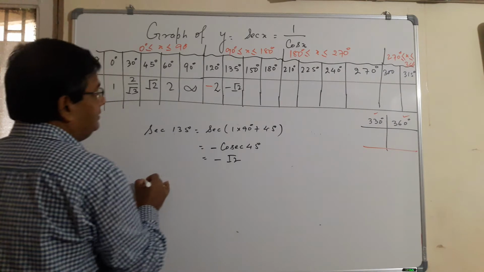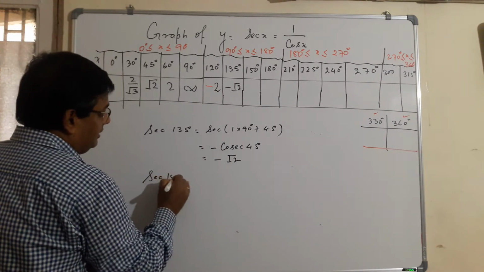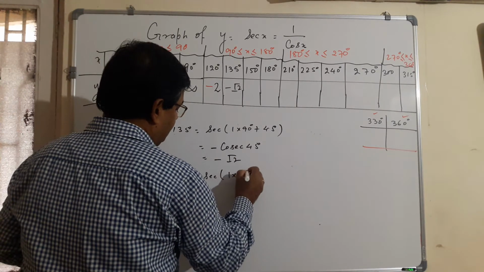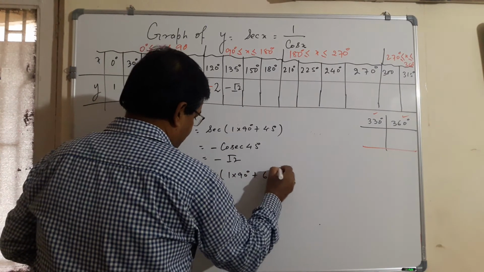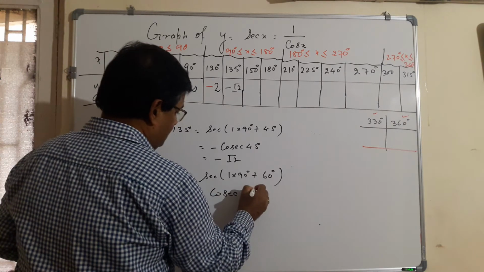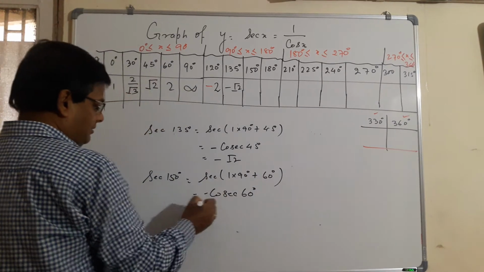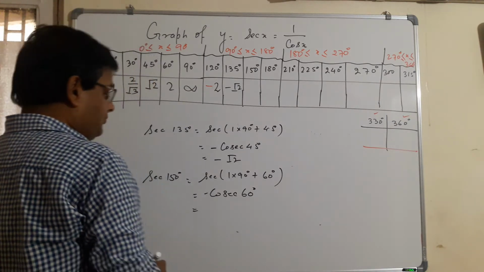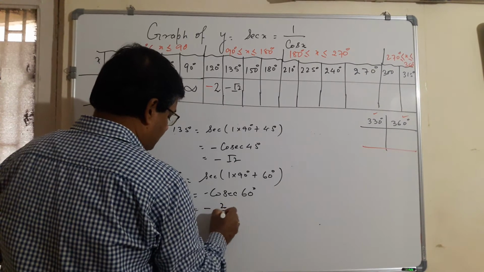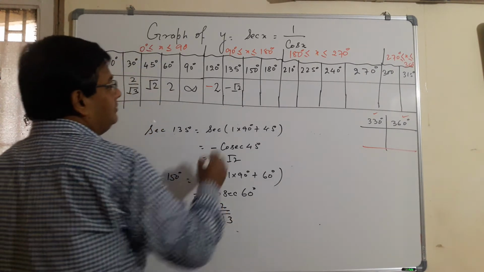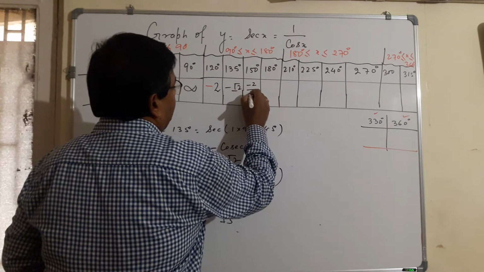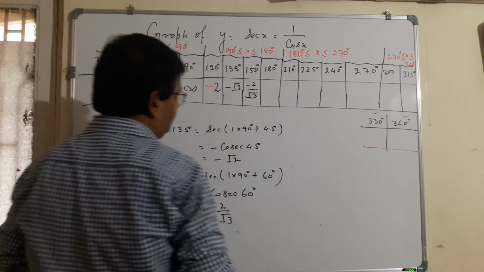So now here sec 150 degree. So sec of 1 into 90 plus 60 degree. So sec changes into cosec 60 degree, and it lies in the second quadrant, negative, and cosec 60 degree is equal to 2 by root 3. So it becomes minus 2 by root 3.